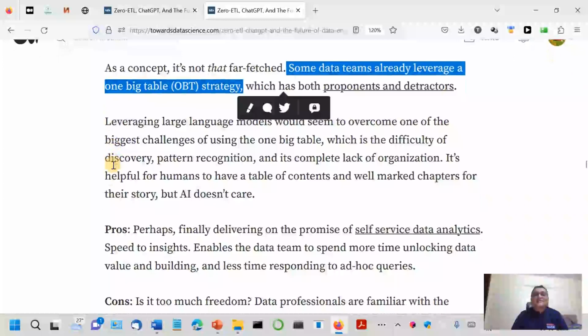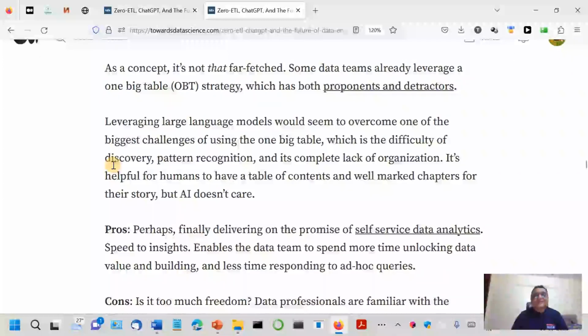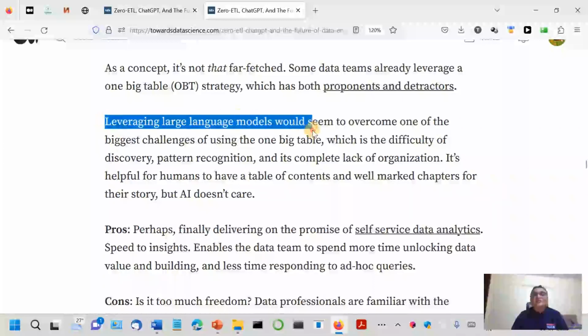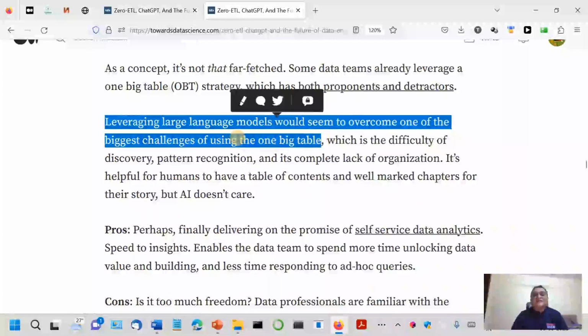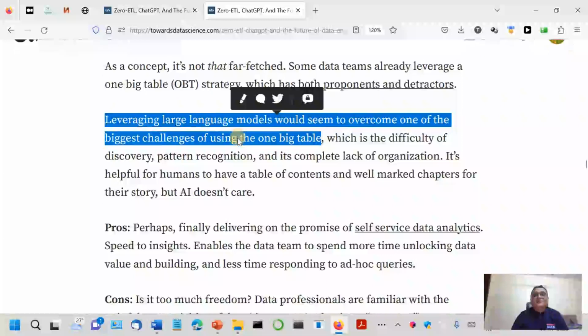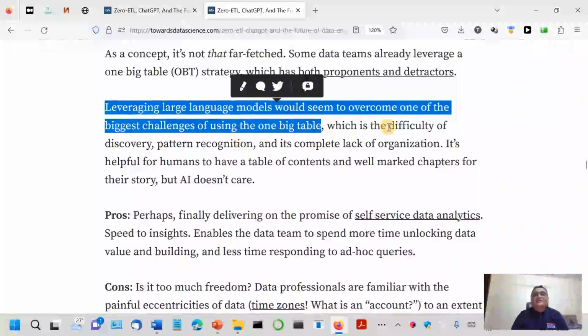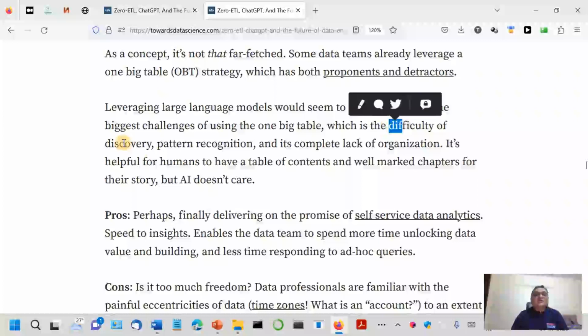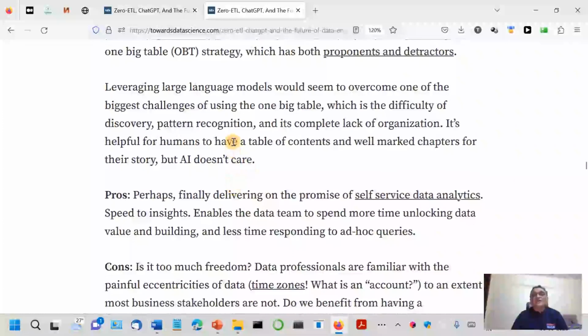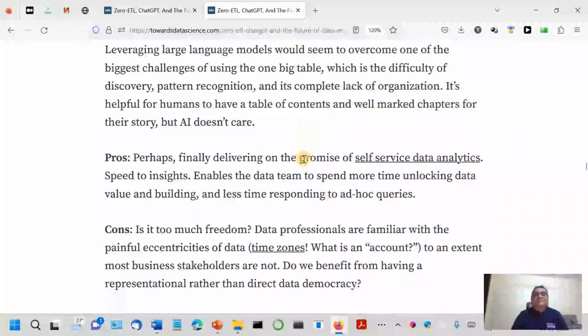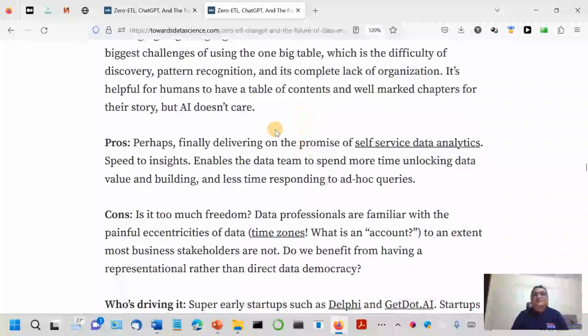Now, where do LLM or ChatGPT-like models come into the picture? They come into the picture here because so far, when you use OBT, as I said, the queries were limited to simple queries. If you try to do complex discovery or pattern recognition, it was too difficult for humans to write suitable queries.